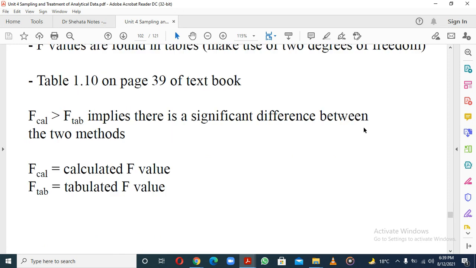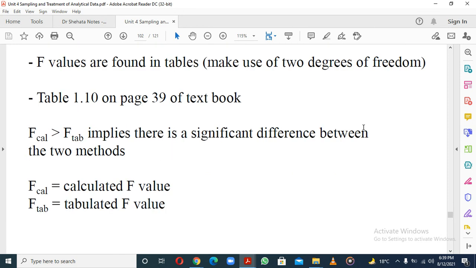So how they'll ask you the questions is they'll give you samples and ask, this one was found from this experiment, and this one was found from this experiment. Are these values significantly different from one another?